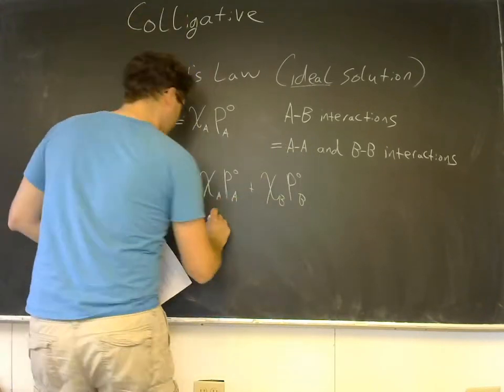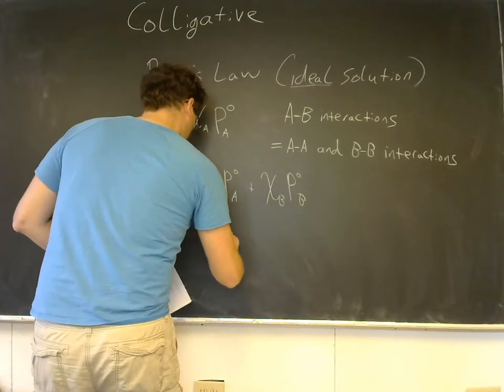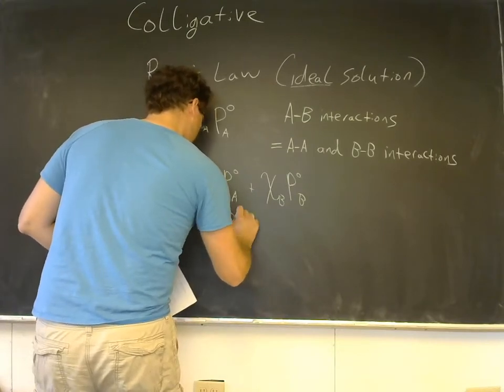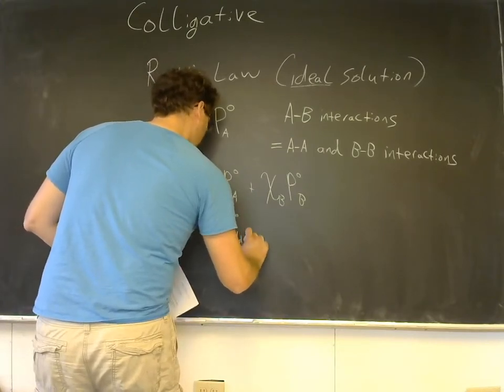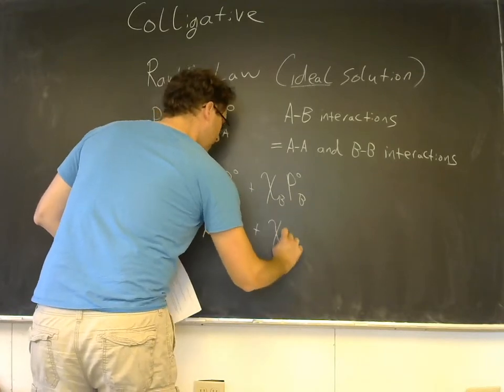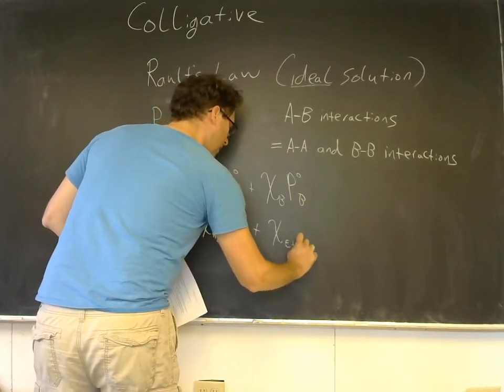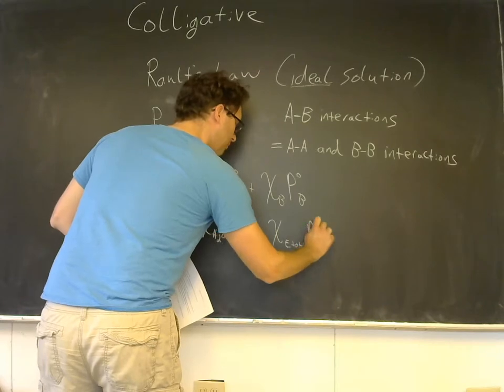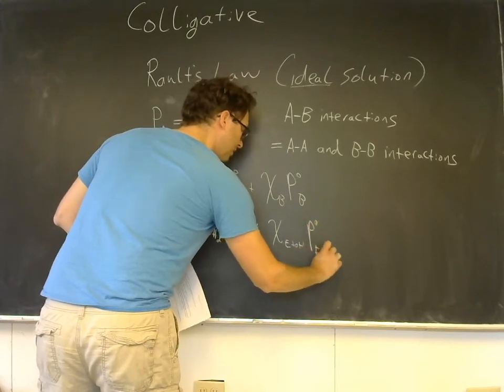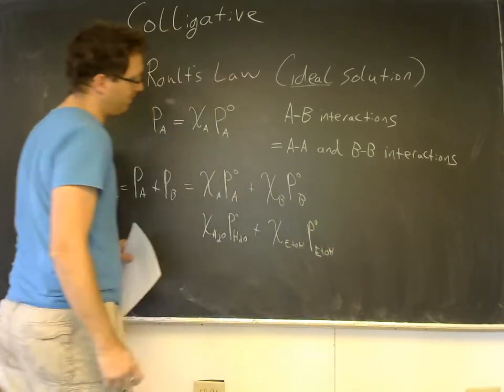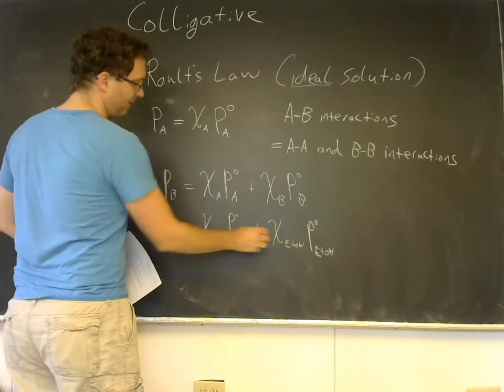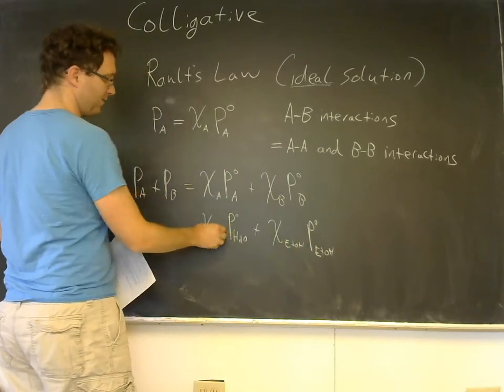If I change this to chi water, P naught water plus chi ethanol, P naught ethanol. Well, if it's a 50-50 mixture, then these will both be 0.5.